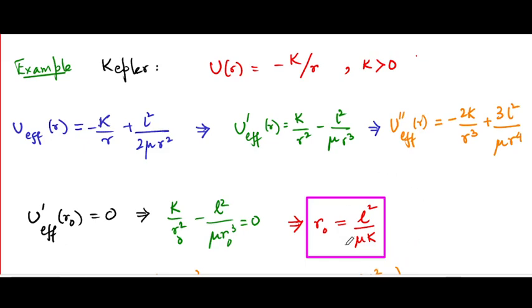So this is an initial value dependent quantity. But this particular combination L square over mu K is something we are going to meet over and over again in the theory for the Kepler orbits, not just a circular orbit. But at this stage, this is just the radius at which you will get a circle.